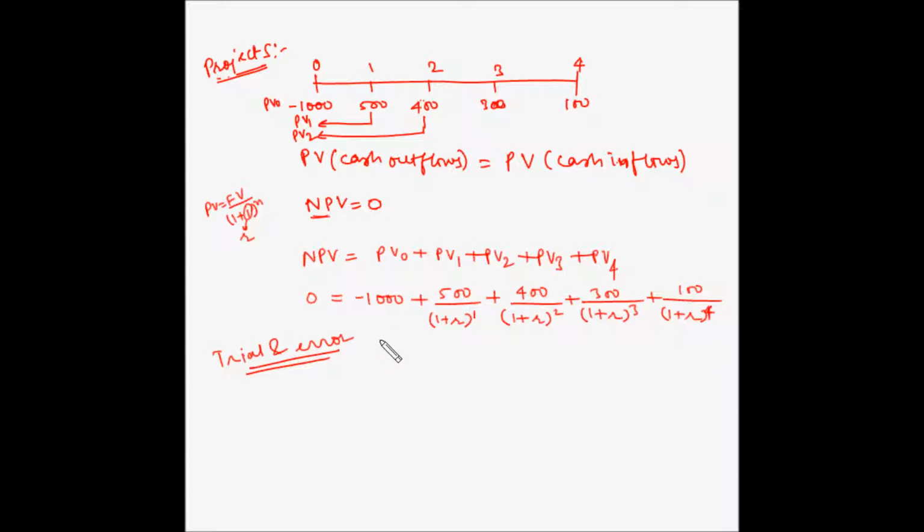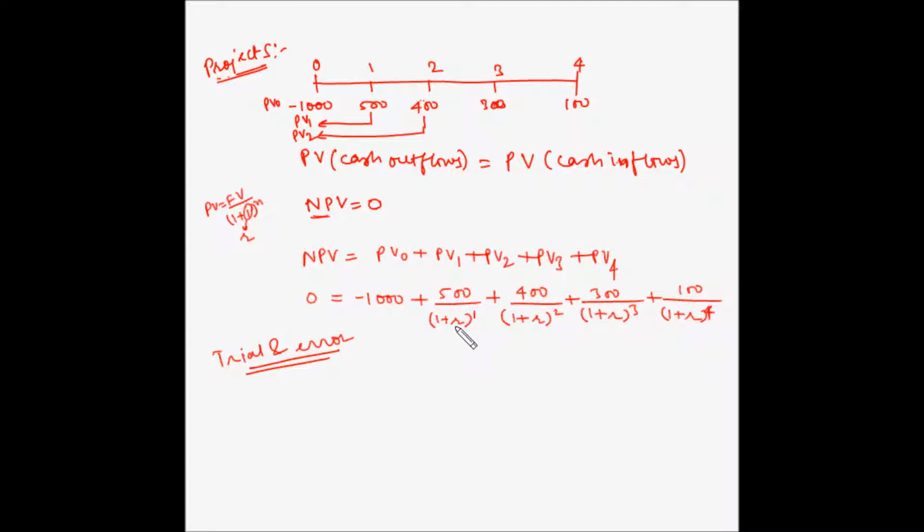In that case, we need to lower the value of the right hand side. And if we have to lower the value of the right hand side, we will have to increase the denominator. So that means we'll have to increase the rate of return.